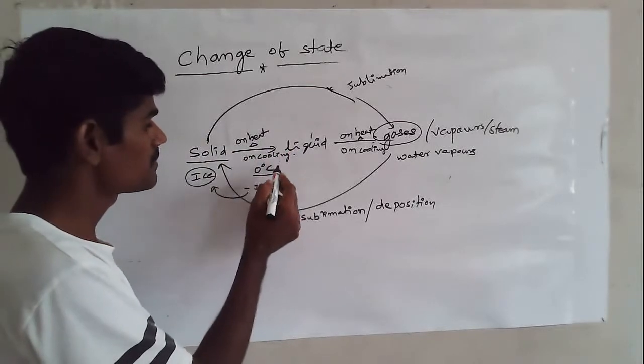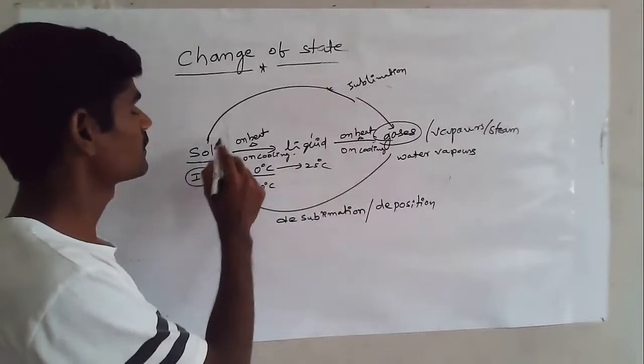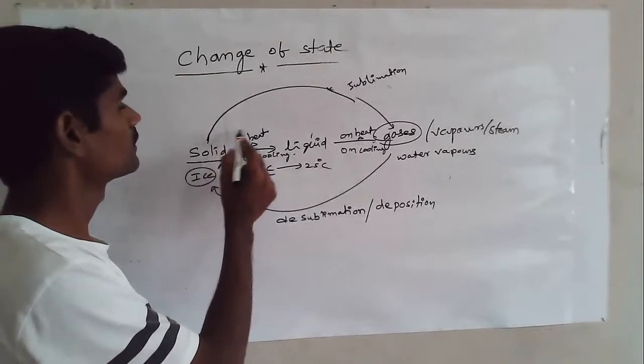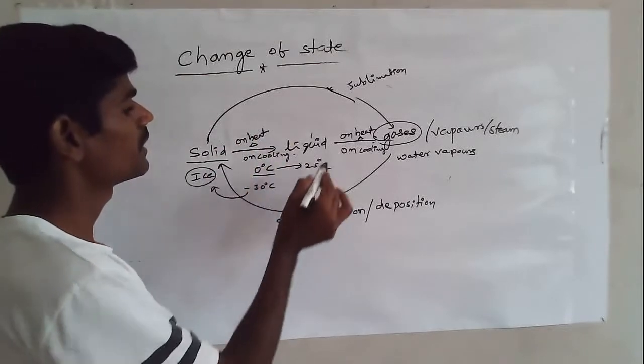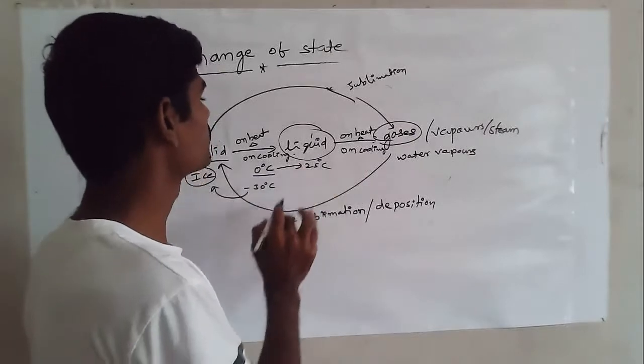When temperature rises from 0 to 25 degrees Celsius, the solid water molecules try to convert into liquid state. At 25 degrees Celsius, water is absolutely present in liquid state.